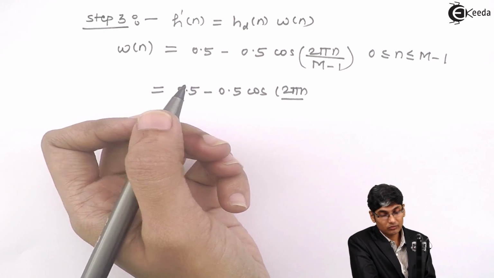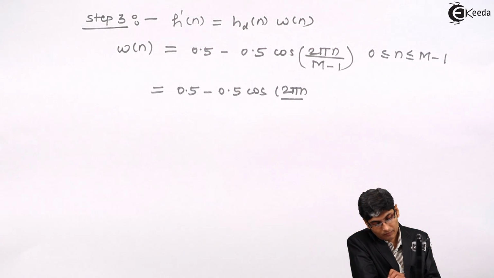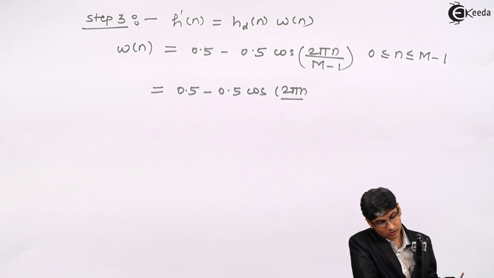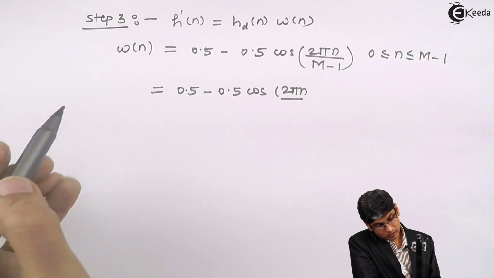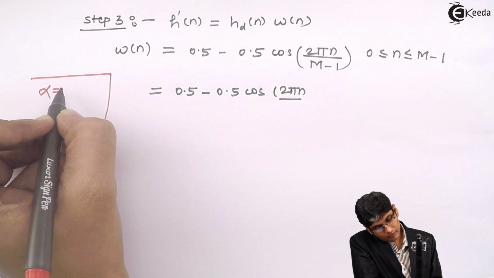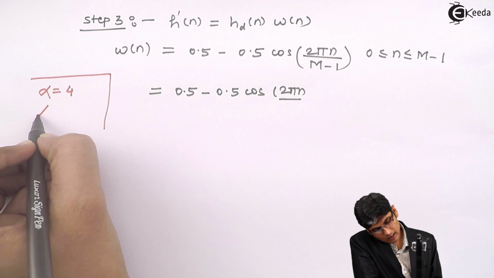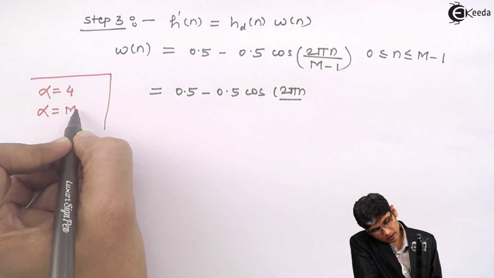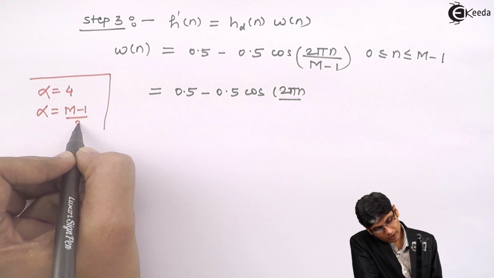We don't know m, but we know alpha. So here I'll do the calculations. We know alpha is equal to 4 and alpha is equal to m minus 1 by 2.